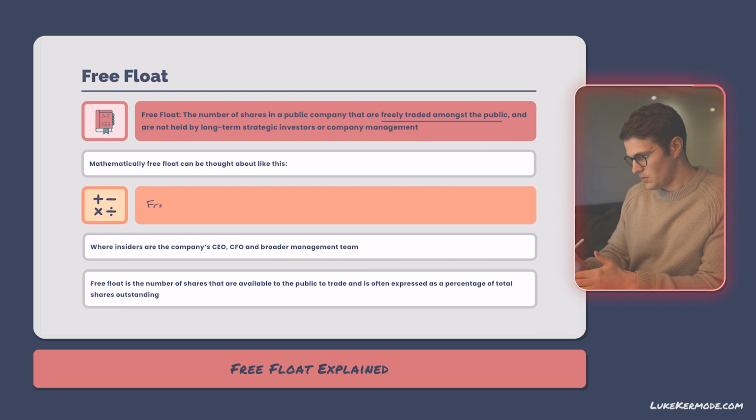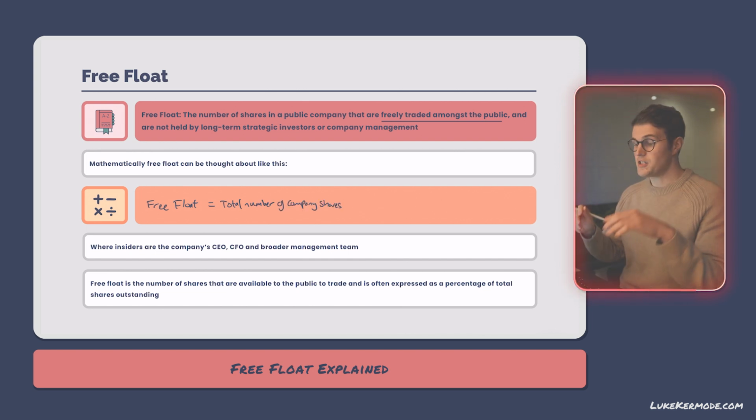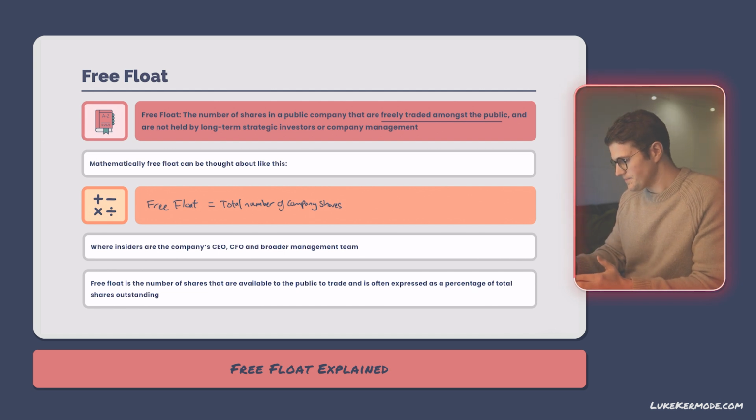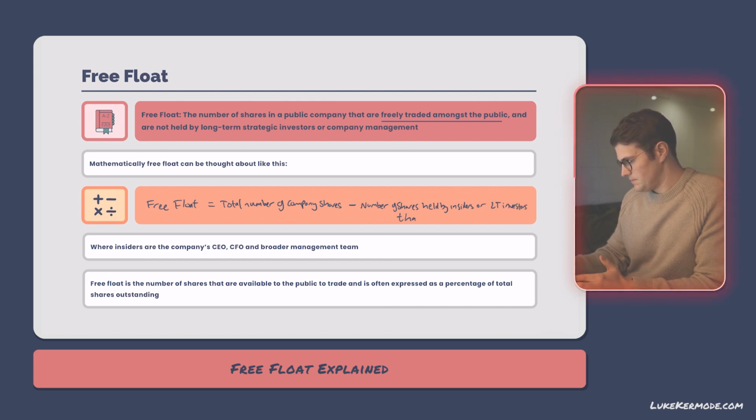We could define it as the total number of company shares, so the total number of shares the company has in issue, less the number of shares held by insiders or long-term investors that are not for sale.